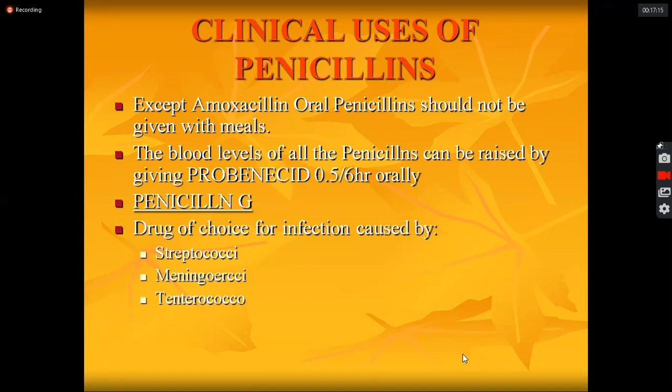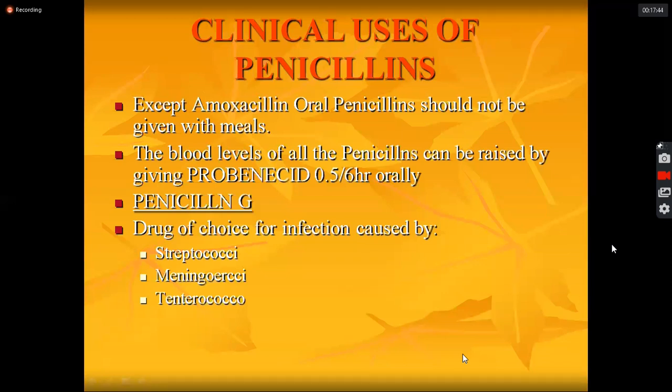Normal thinking of the layman is that antibiotics should not be given on an empty stomach. It's the other way around. All the antibiotics, unless and until told by the doctor or given in the book, should not be given with food because food interferes with bioavailability, with their absorption and their onset of action.